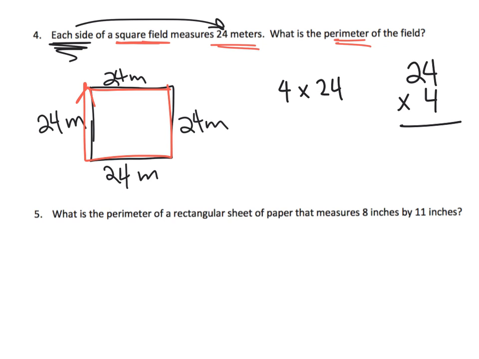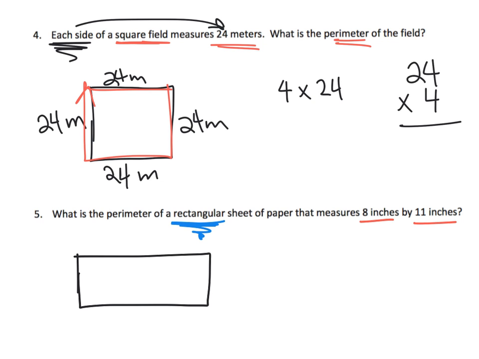And then again, down here, we're supposed to be finding the perimeter, but this time the key phrase is the word rectangular. So we know we're going to have some sort of figure that looks like a rectangle, and we're told that it measures 8 inches by 11 inches. So this is 8 inches, and down here is 11 inches.